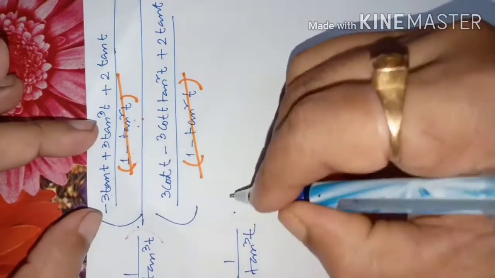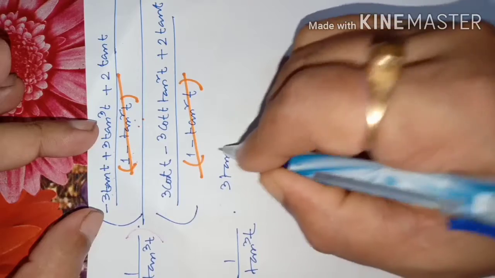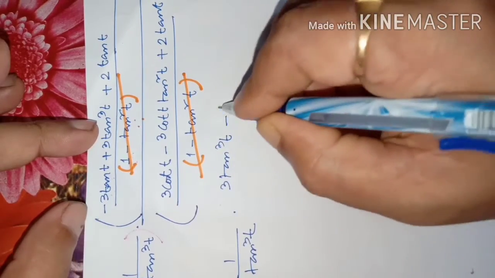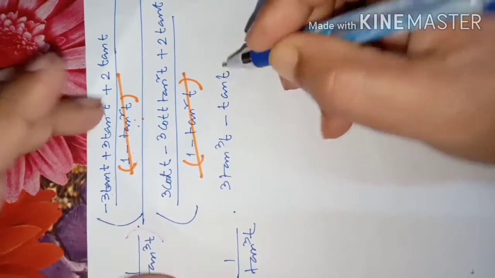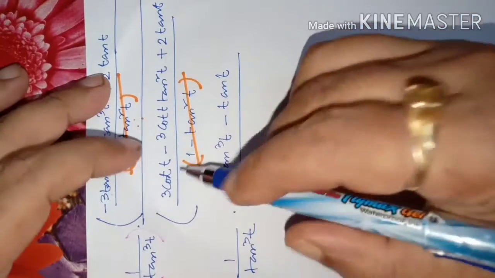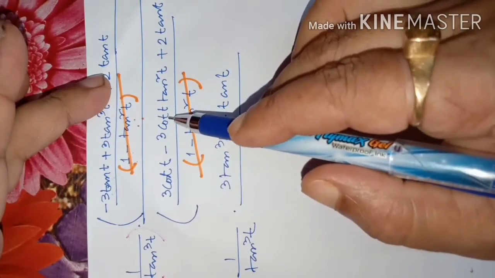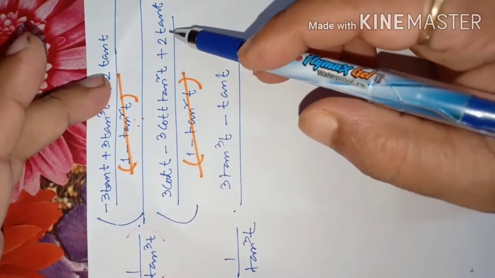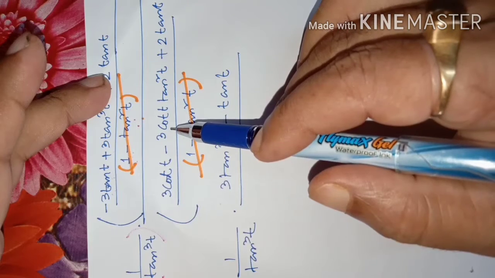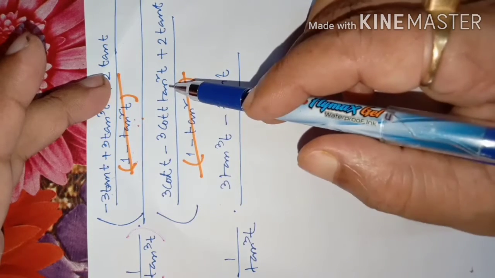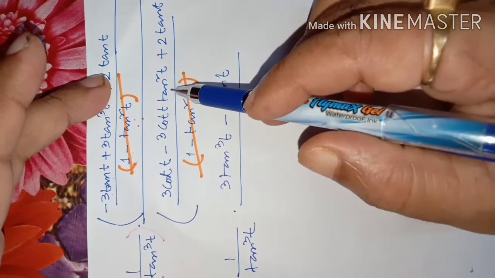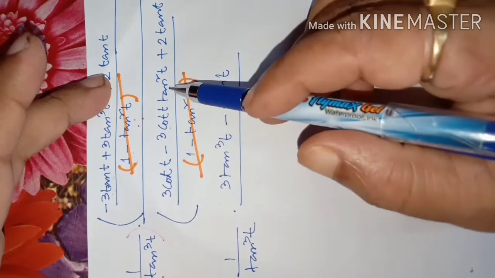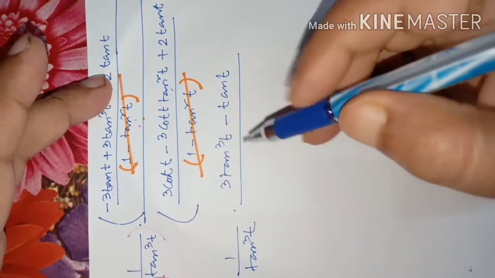into, here it is 3 tan cube t minus tan t. Down there you see here 3 cot t and this is 2 tan t, and this is minus 3 cot t into tan square t. 1 cot, if it is cancelled with 1 tan, then here will be one more tan, so minus 3 tan t.